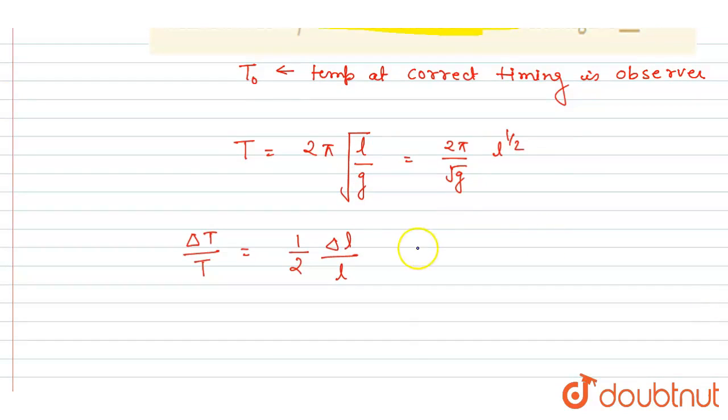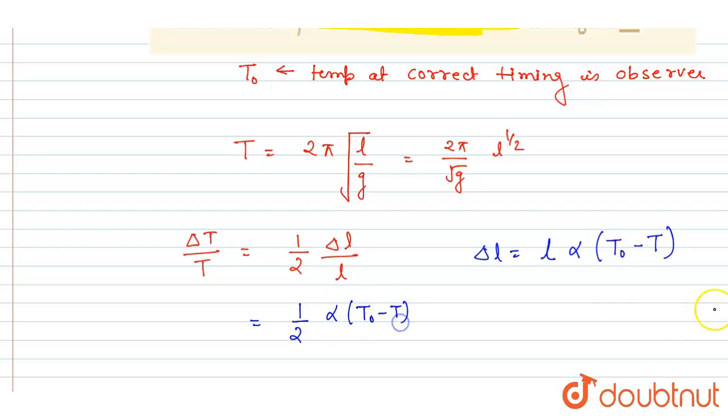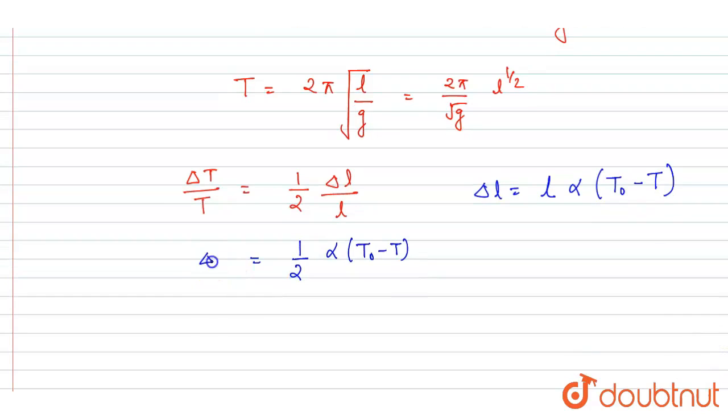So the change in length by increasing or decreasing the temperature, let's say by decreasing the temperature, will be original length times alpha times T naught minus the temperature T. Put it here, so delta T by T will be equal to half alpha times T naught minus T, right?